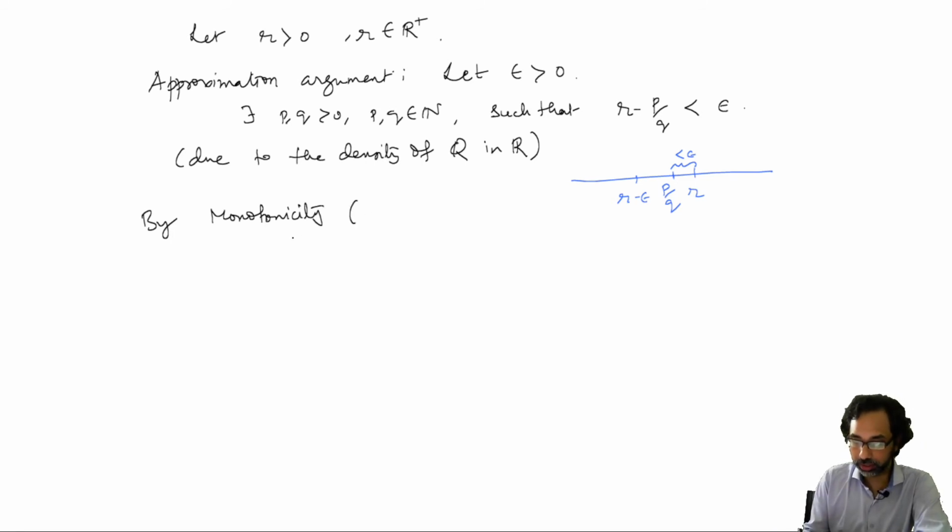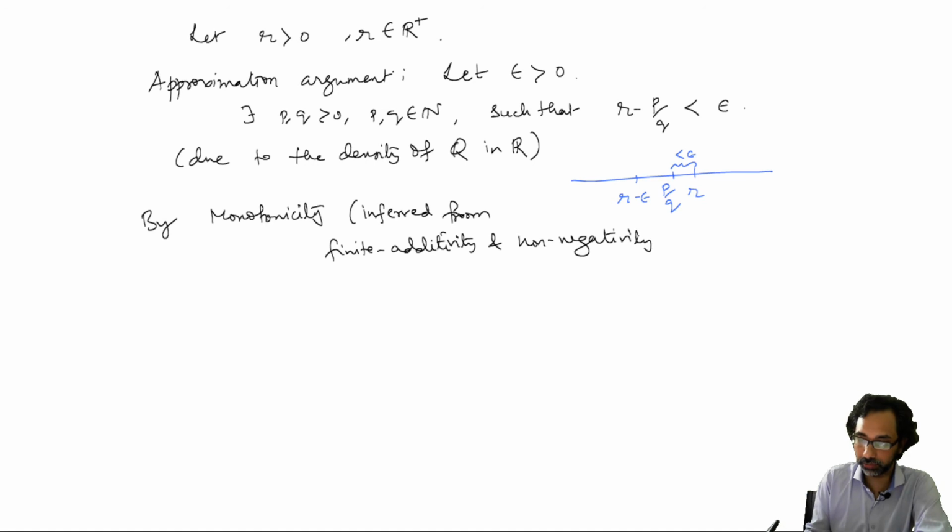The monotonicity property can be inferred from finite additivity and non-negativity. Just as we did for the elementary measure, we can also do it for our new map m prime. So we can prove the monotonicity property of m prime.